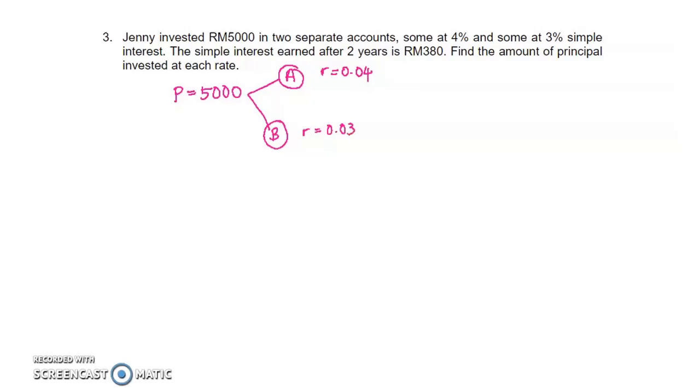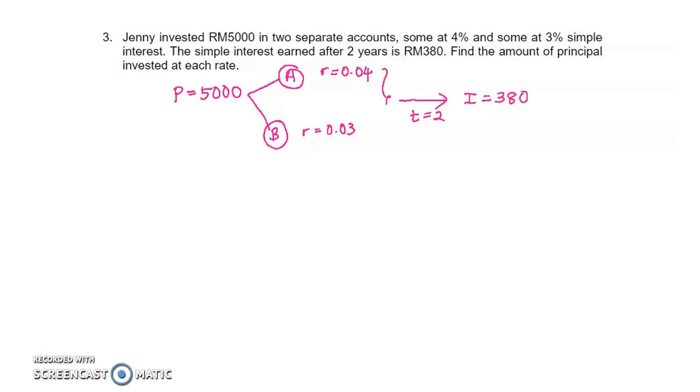The simple interest earned after 2 years is 380 ringgit. So from these two accounts, after 2 years, T equal to 2, the interest earned is 380 ringgit.